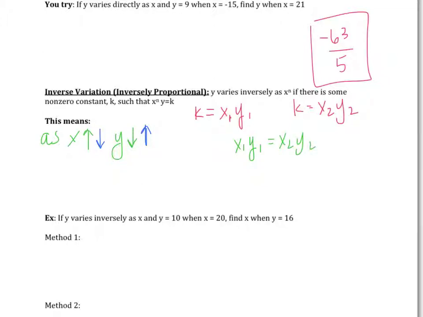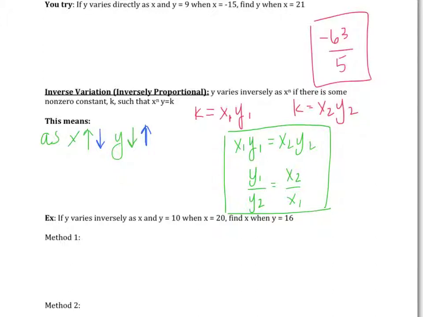And if I want to set up a ratio here, I can divide both sides to get the variables to one side of the equation. So I can have y1 over y2 equals x2 over x1. So either of these equations can also be used in inverse proportions.